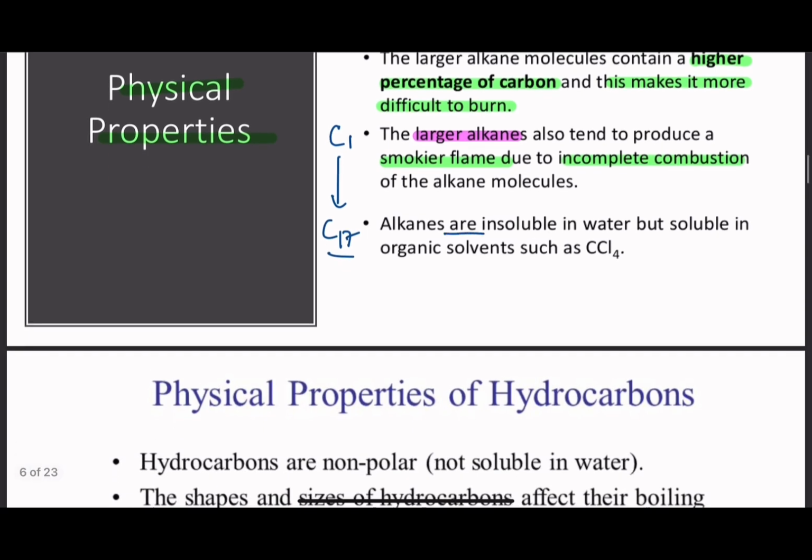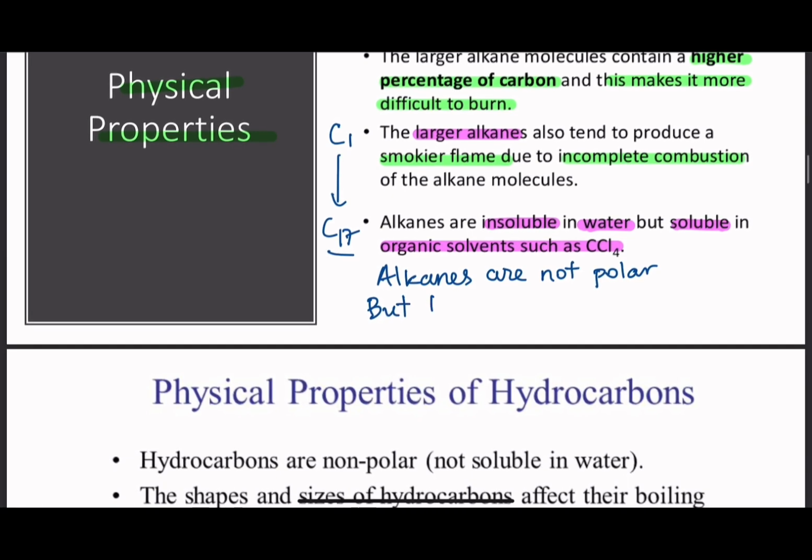Also, alkanes are insoluble in water but soluble in organic solvents. This is very important. Alkanes are insoluble. They don't dissolve in water, but are soluble in organic solvents. The reason is that alkanes are not polar, but water is polar.